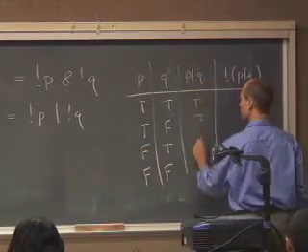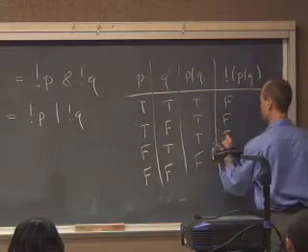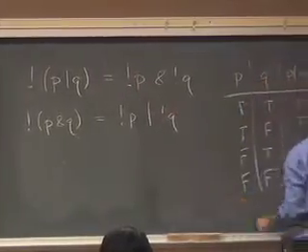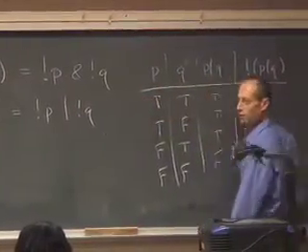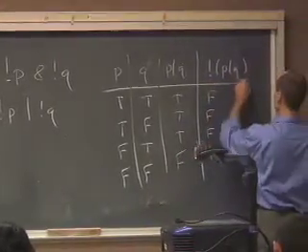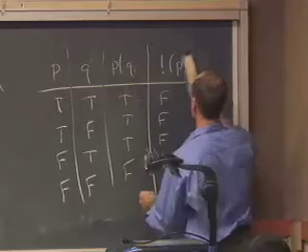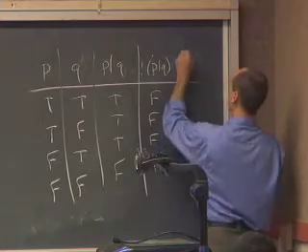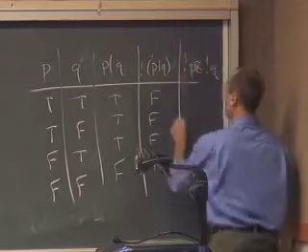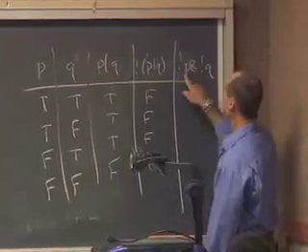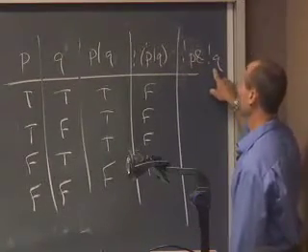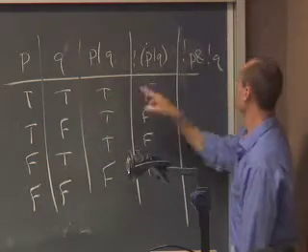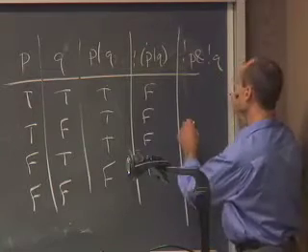P or Q, we've got true, true, true, false. The negation is false, false, false, true. And then we look at what not P and not Q looks like. In the first row, not P is false, not Q is false, and false and false is false.